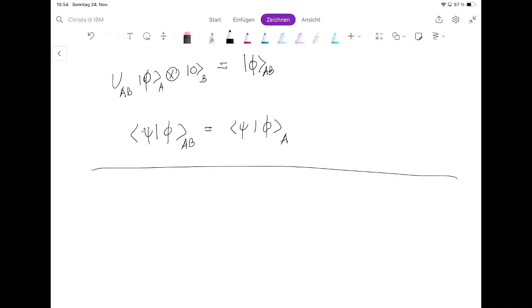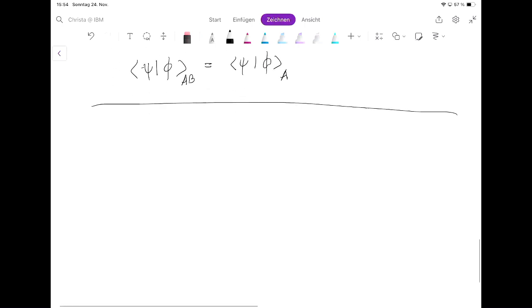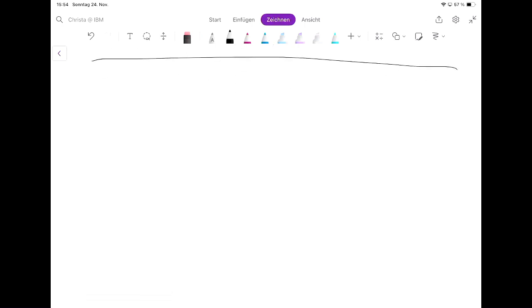Okay, I defined these objects. Now I try to convince you that they are useful for something. What can you do with POVMs that you cannot do with PVMs, projective value measures? Well, one textbook example is quantum state discrimination, unambiguous quantum state discrimination, to be precise.